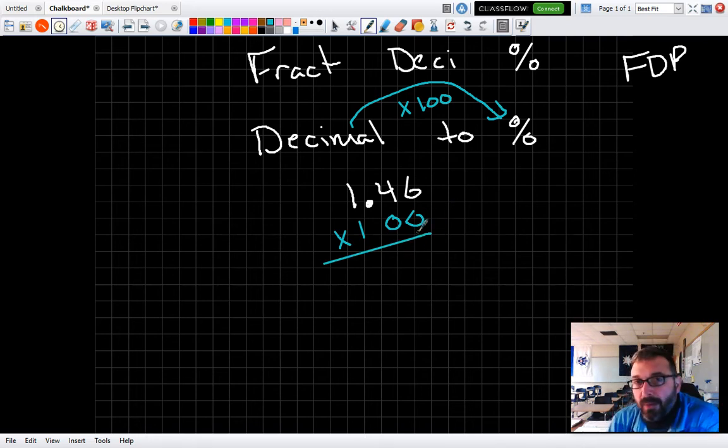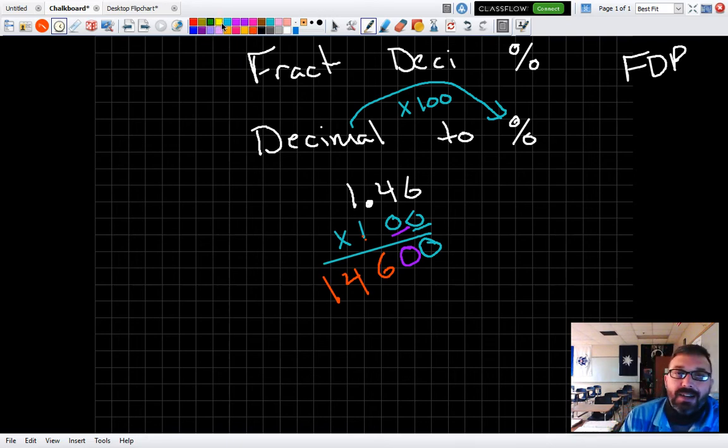Anything times 0 is 0. I have a placeholder down for my ones because I have moved and I am now multiplying tens. 0 times anything is 0. I'm going to put a placeholder down for my tens because I am now multiplying by 100s. 1 times anything is that number, therefore 1 times 6, 1 times 4, and 1 times 1.